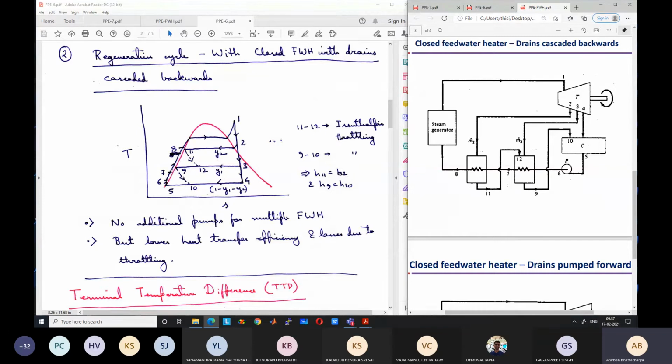The point 7 has to be lower than which point for heat exchange to occur? Temperature at 7 has to be lower than which temperature?